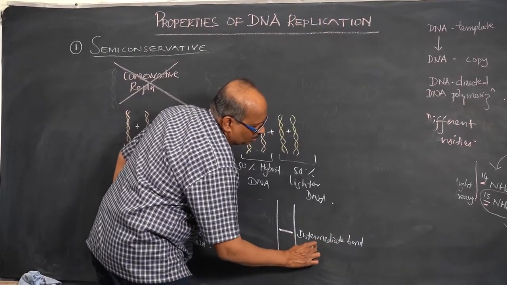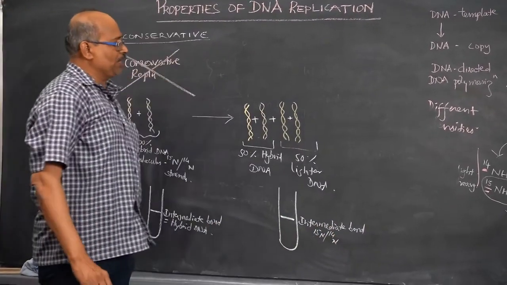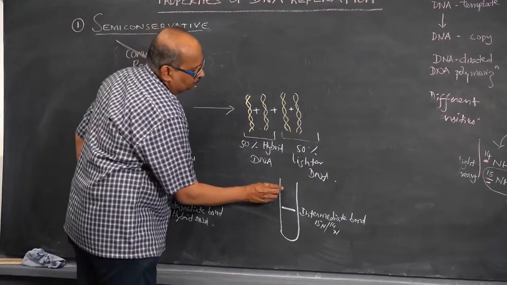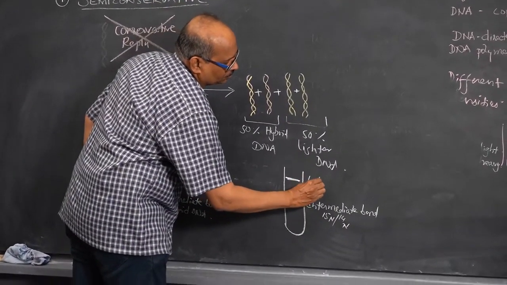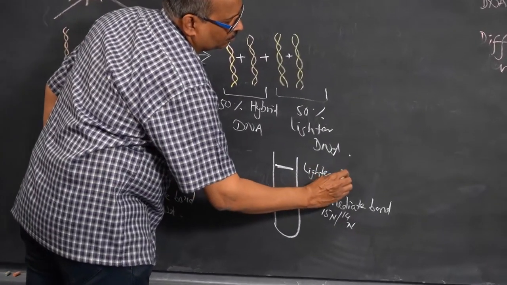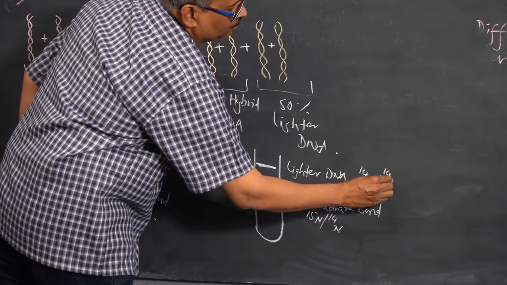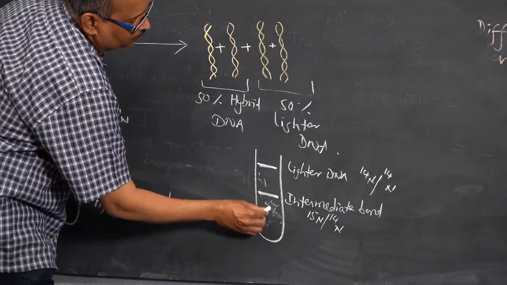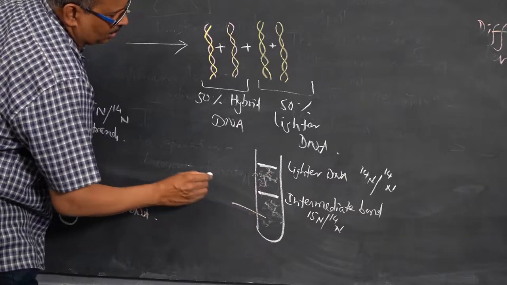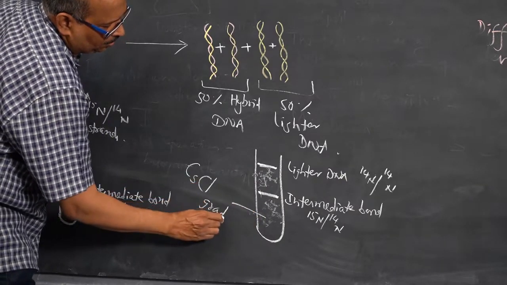So that is N15, N14, and you get one lighter DNA, where both the strands are N. And the gradient here, whatever you have, this is cesium chloride gradient.